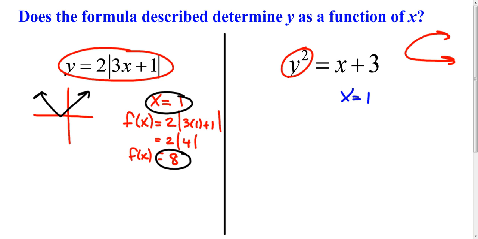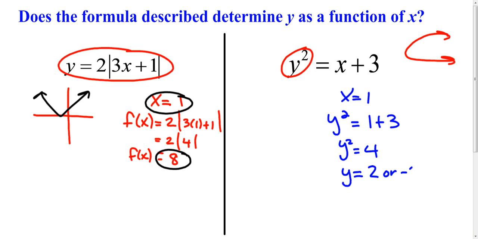But if x is 1, then y squared is 1 plus 3, so y squared is 4, which means y could be either 2 or -2.